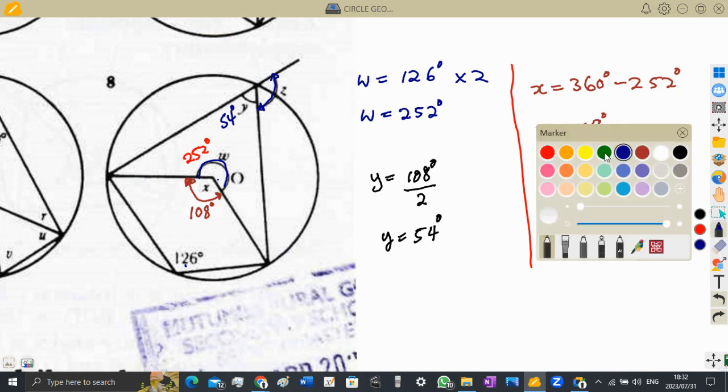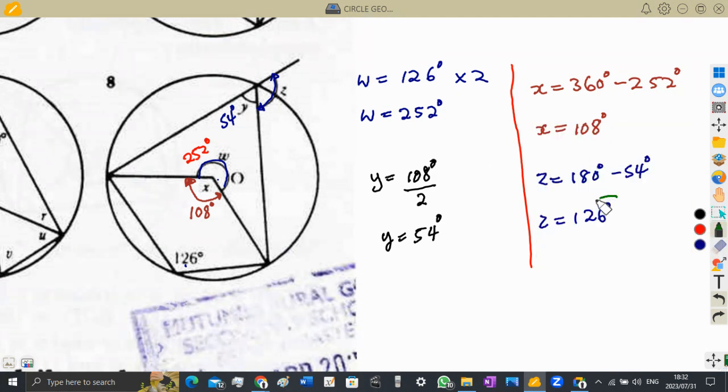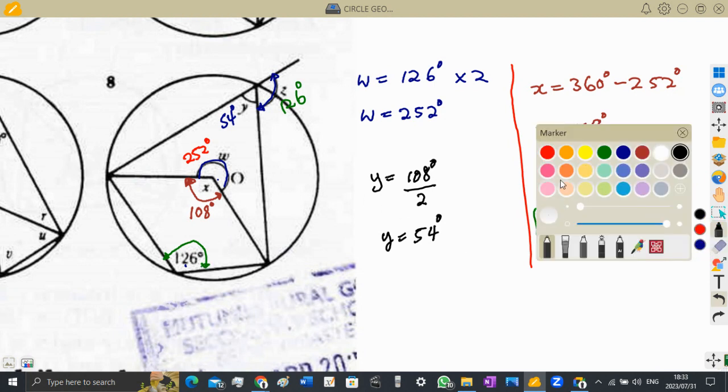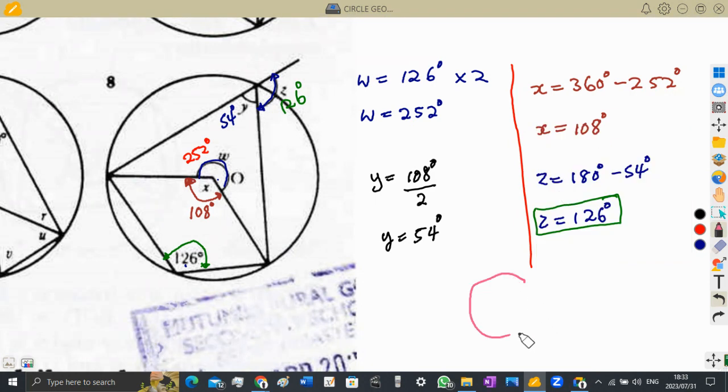I want us to check what is happening between z here, which is 126, and this angle here, which is 126. Because we are saying our z here is 126 degrees, and it's also equal to this angle. And there's a theorem that we talked about between these two, which was from a cyclic quadrilateral. We said the exterior angle of a cyclic quadrilateral is equal to what? To the opposite interior.